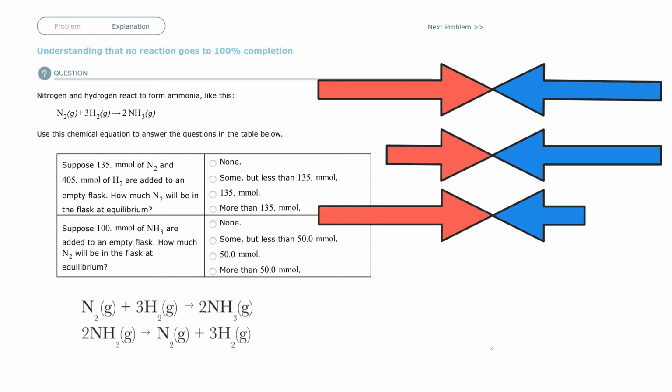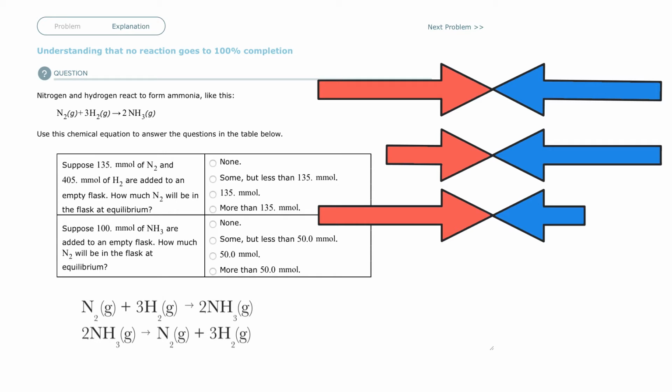If all of this nitrogen and all of this hydrogen would go to the right and become ammonia, and then the ammonia wouldn't go back, then you'd have ammonia. Or if you had some ammonia and it would always break apart into nitrogen and hydrogen, then there would never be ammonia because ammonia would always go away.